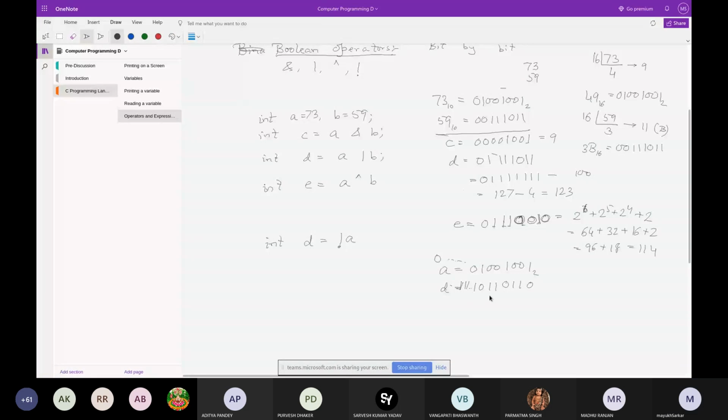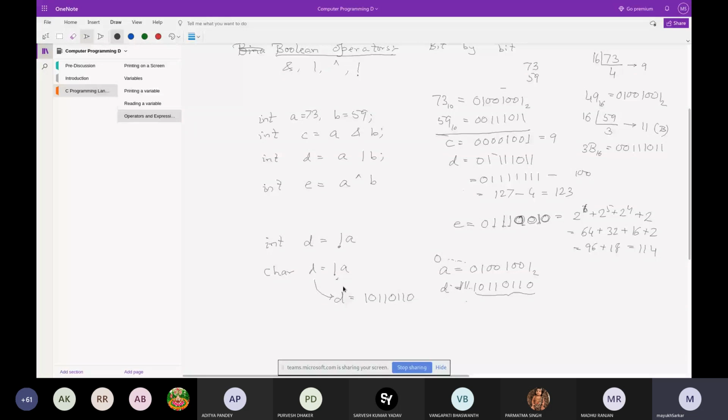There are already 8, and 24 more ones will be in front of it, making 32 bits. And if you convert it into a char, D will contain only this 1011 0110.